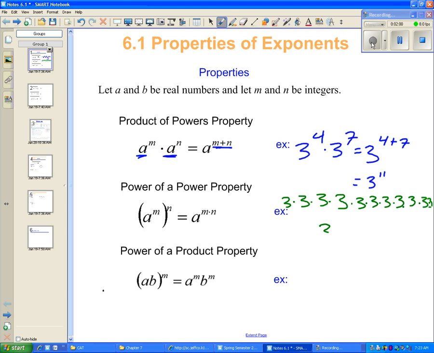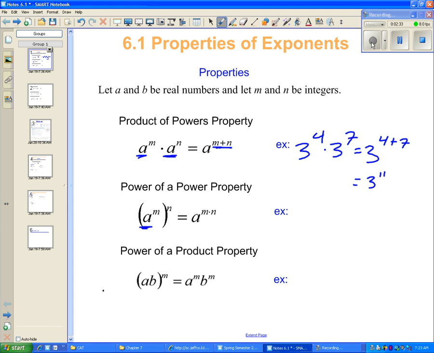If I count those up, that's 3 to the 1, 2, 3, 4, 5, 6, 7, 8, 9, 10, 11, because it's 3 times itself 11 times. So instead of multiplying it out and listing all those numbers like I did in green, all I need to do is add my exponents. So 3 to the 4th times 3 to the 7th is 3 to the 11th. That's the product of powers. When I'm multiplying and the bases are the same, I add the exponents.